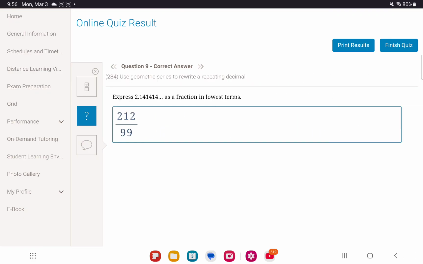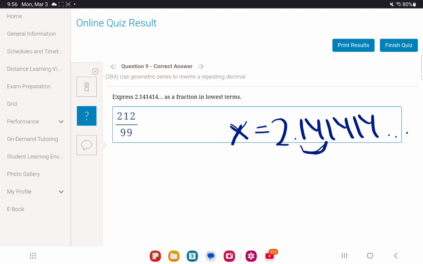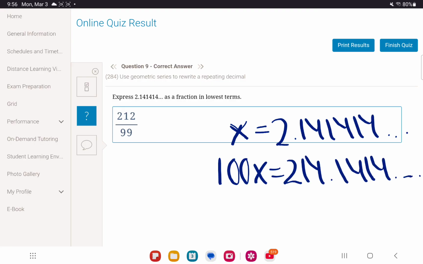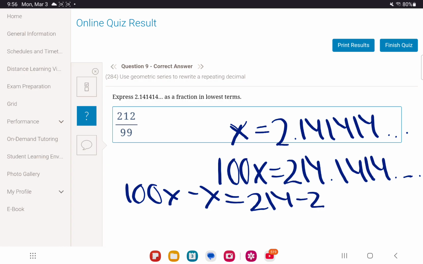This is the same concept as the other one we solved. So x equals 2.141414, and so on. What do we multiply by to get the repeating numbers to stop there? We multiply by 100, so 100x equals 214.1414... Then 100x minus x equals 214 minus 2, so 99x equals 212.